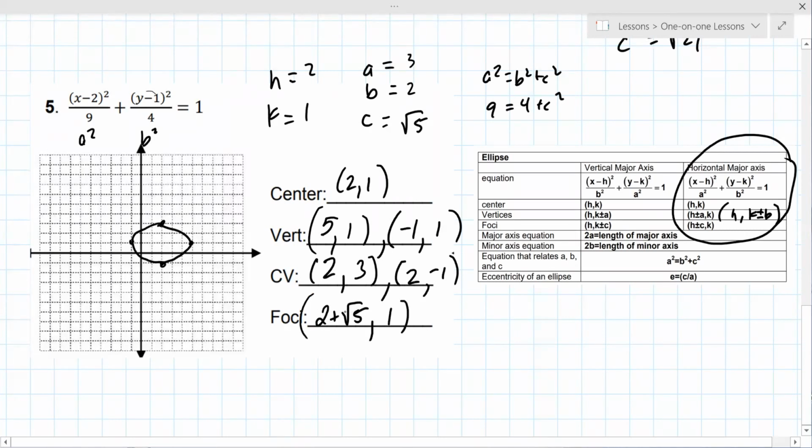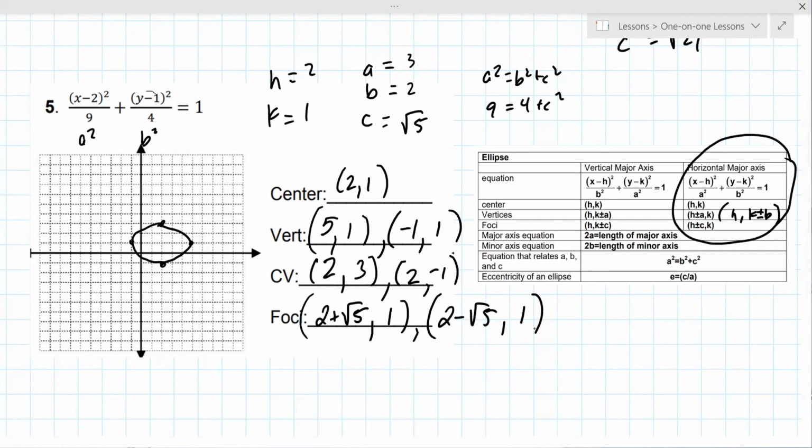Notice you can't add those, you just leave it as is. H minus C, 2 minus square root 5, comma 1. So every single problem on this worksheet is finding these 5 letters and then applying the appropriate formulas for them.